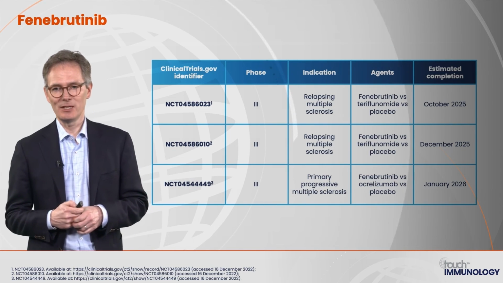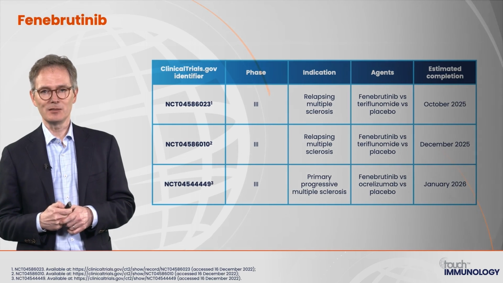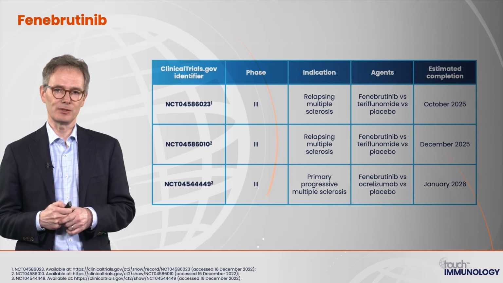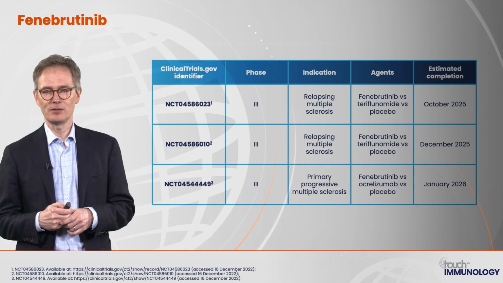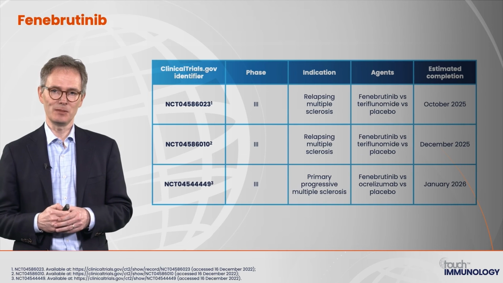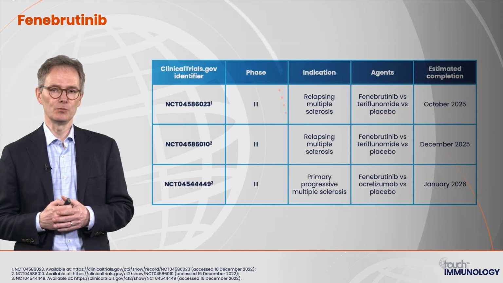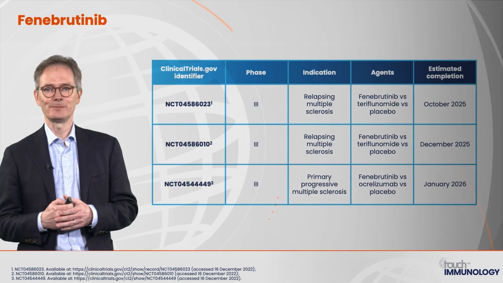And as I said in the beginning, I think it's very important that trials are done in progressive MS, because so far our treatments in progressive MS are not very effective. Ocrelizumab showed some response in PPMS, and siponimod showed some response in SPMS, but the treatment effect was really small, so it's very important to find new, more effective treatments.